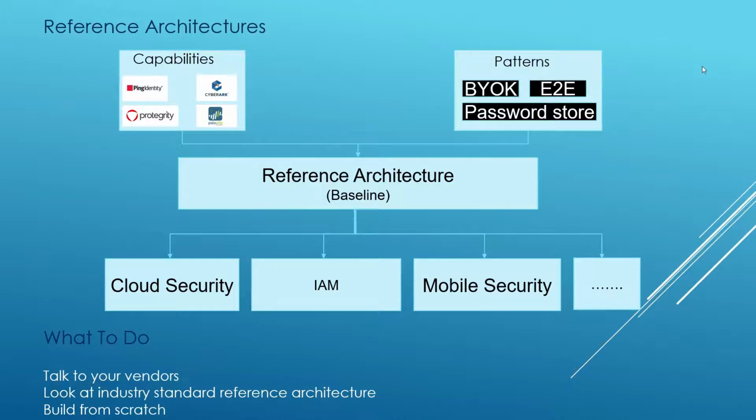Whereas the pattern represents a solution for a repeating problem. If you have a pattern built for encryption, you can use that pattern in your cloud security, in your mobile security, things like that. So the patterns are cutting horizontally, whereas the reference architectures are more vertical and domain specific. I hope that helps in understanding the difference.